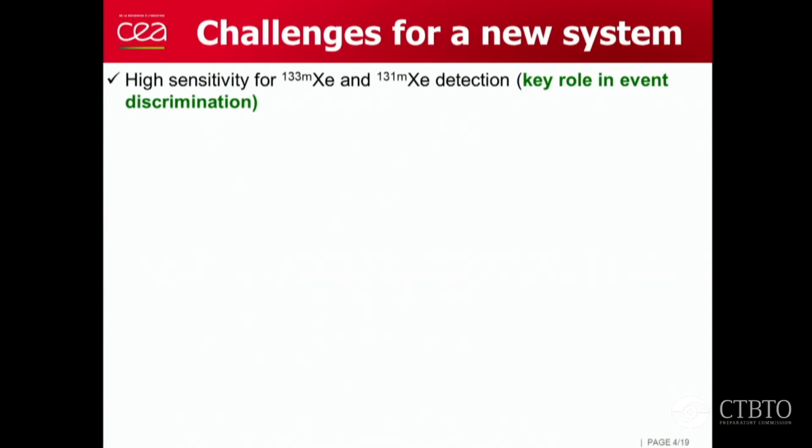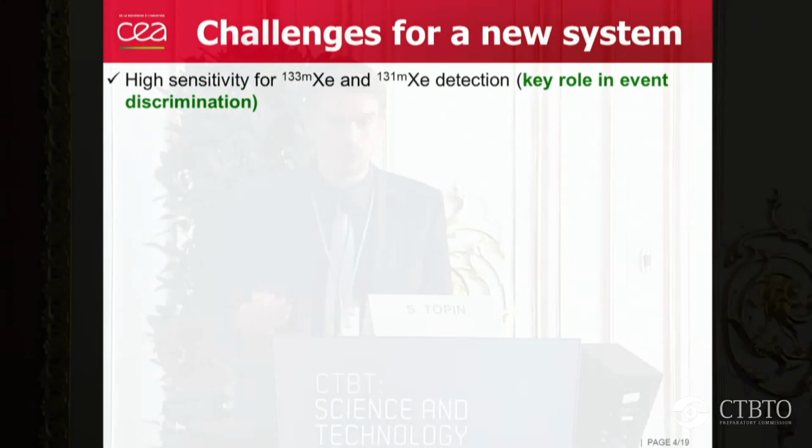At the origin of the treaty, maybe we didn't have a good knowledge of the atmospheric xenon background, and the detection of the metastable isotope at this time was maybe not so important, while now it's really important, and we know perfectly well that to discriminate the sources from a civilian or military event, the metastable isotopes play really a key role.